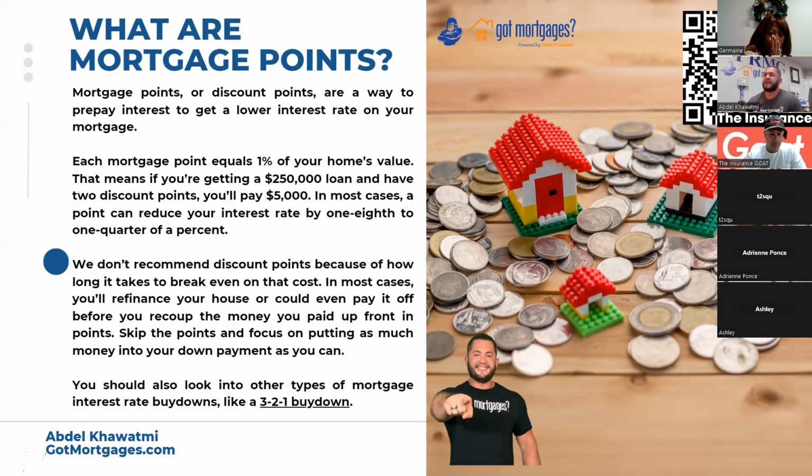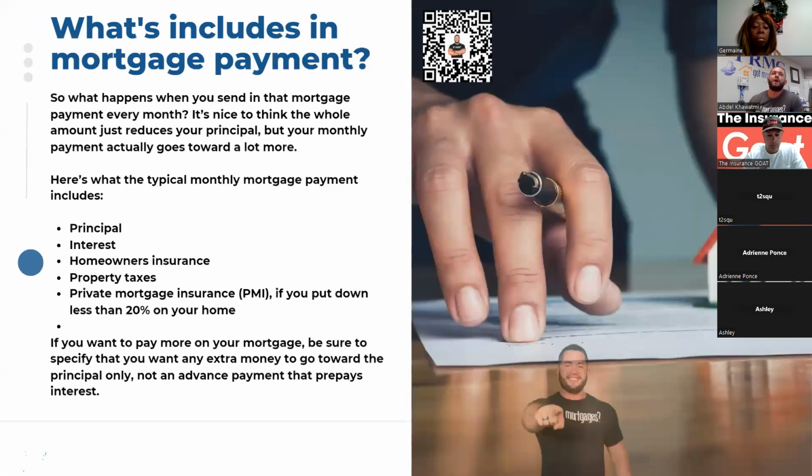You're only saving, let's say, $100 a month. 4,000 divided by 100 is essentially 40 months. Bro, you're getting rid of this loan before 40 months. Therefore, in my professional opinion, it doesn't make sense for you to pay that upfront. But again, it is a case-by-case basis, because you're going to run into some clients who must get that 6.5% interest rate in order to qualify. So it's definitely case by case, but that's where I look at what I call the total cost analysis, see what makes the best sense for our clients, and then we take it from there.